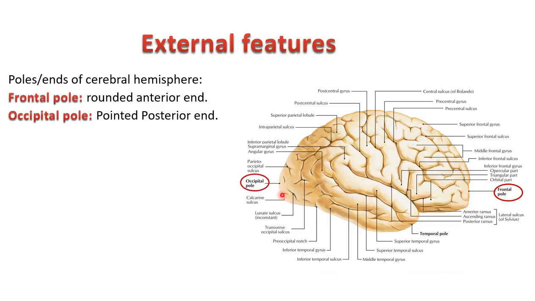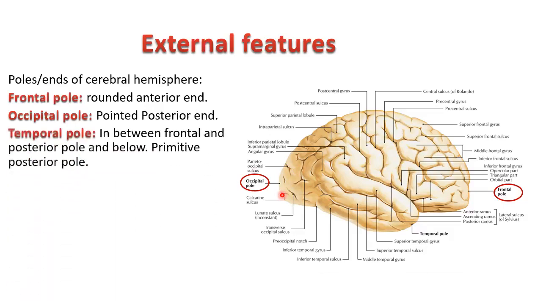Between these two, below them, you see the temporal pole. So three poles you will see on each cerebral hemisphere.